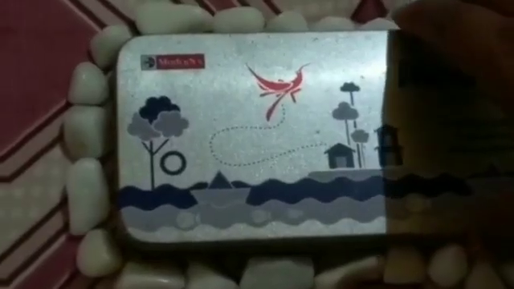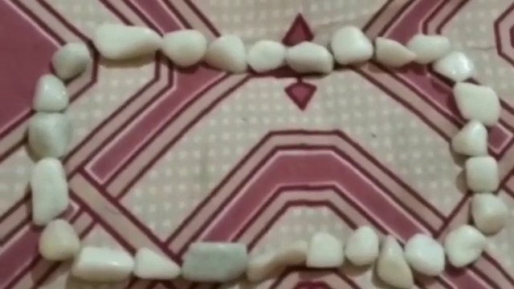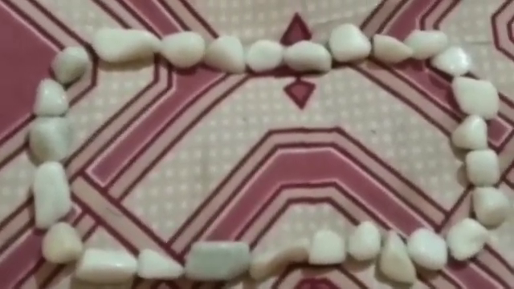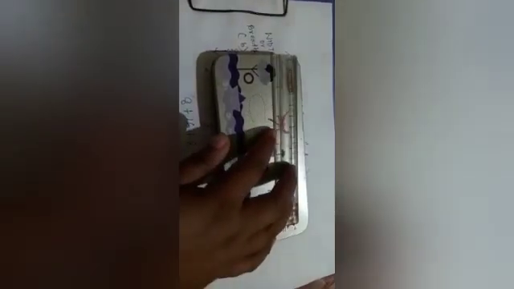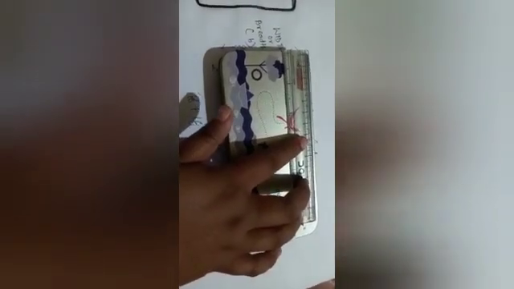So that will be 8 plus 16 plus 8 plus 16, that is equal to 48 centimeter. So we can say that the total distance around the box, the perimeter of the box, is 48 centimeter. So this 48 centimeter will be the perimeter of the rectangular box.